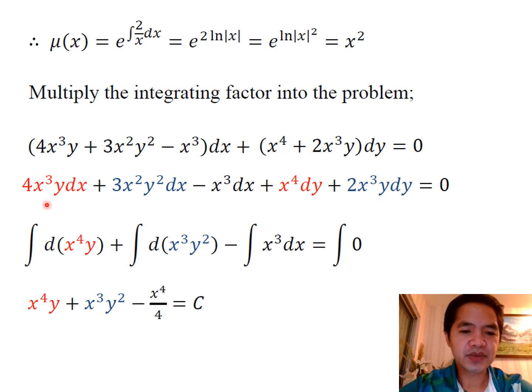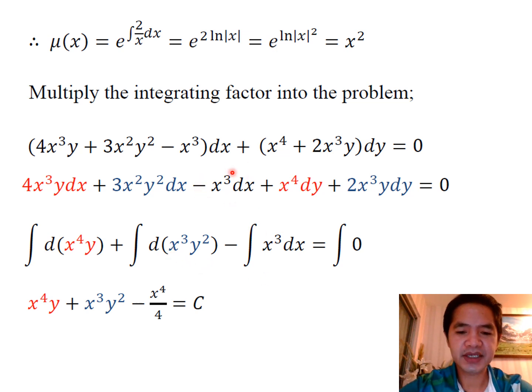Okay, in this case we get this form and go with this term, and this term goes with this one. So the first term is x to the fourth dy, x to the fourth times y, and this one is x to the third y squared.